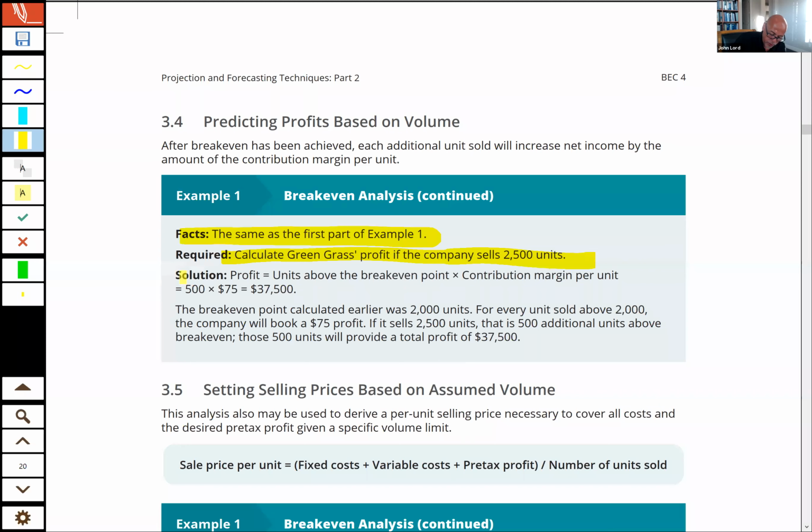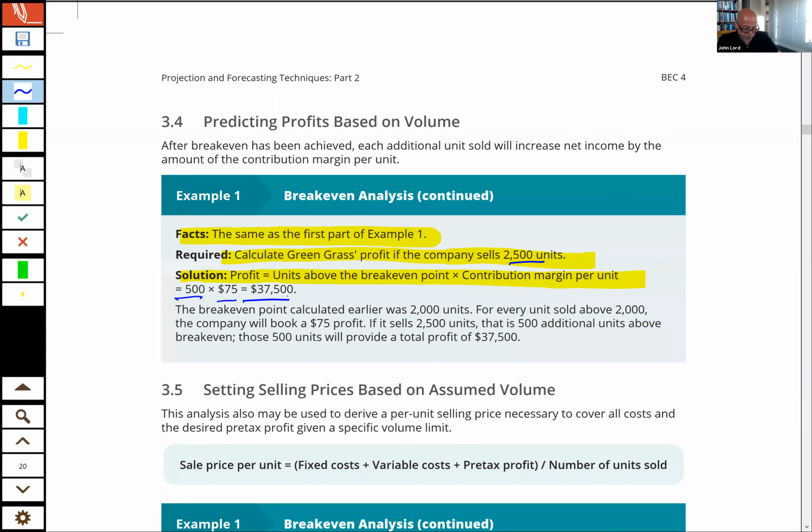We already know that our break-even point was 2,000 units. So if we sell 2,500 units, the 500 additional units are going to go to profit. The contribution margin first goes to fixed cost, 2,000 covered our fixed cost. The additional 500 units will all go towards profit. That means that our profit will become 37,500.